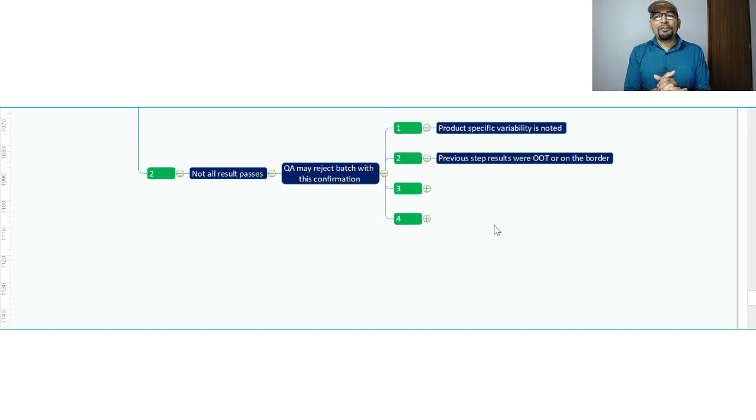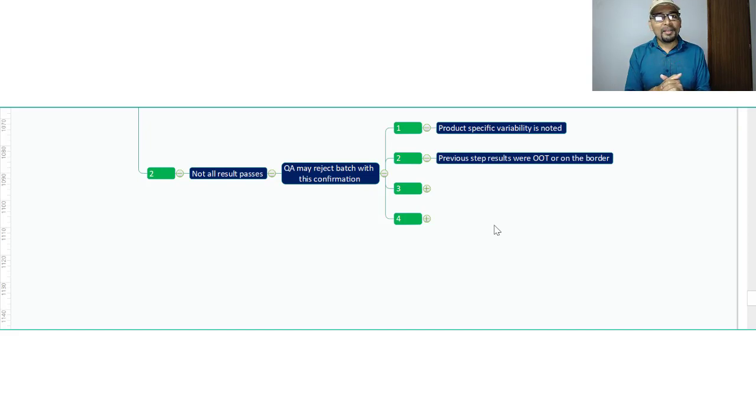Previous step results were OOT or on the border. So for example, if you are having the assay result which is out of specification at the finished product level, but as a part of your in-process check, you have also analyzed blend samples in case of tablets, and you found that the blend sample for this particular batch is out of trend.